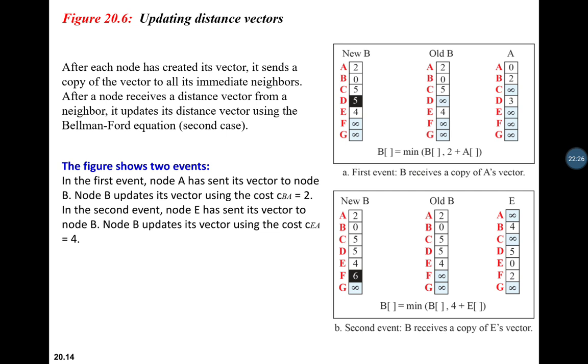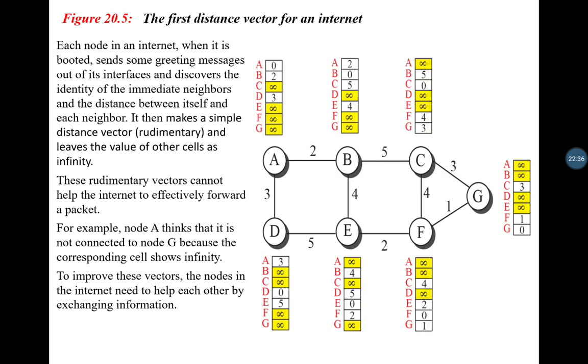Using the cost from B to A as 2, we will be updating the distance of B to D. Let us see this figure. To get the distance from B to D, initially in the old B, B to D is infinity, as we cannot directly connect it.